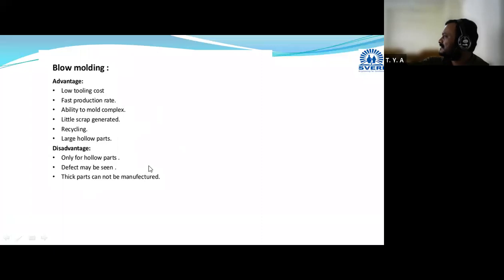Defects means whichever I have told you, that pinch off or flash, that is nothing but the defect. You have to add some extra operation to eliminate that. And thicker parts cannot be manufactured here. With the help of this blow molding, thickness will be very small.